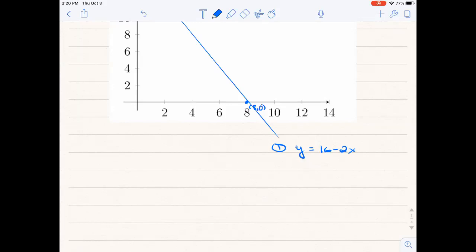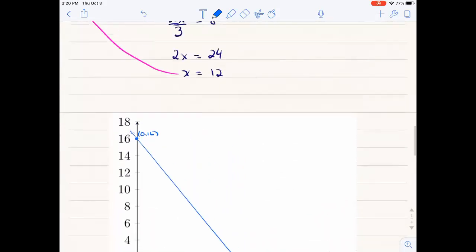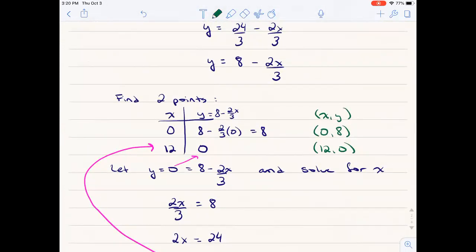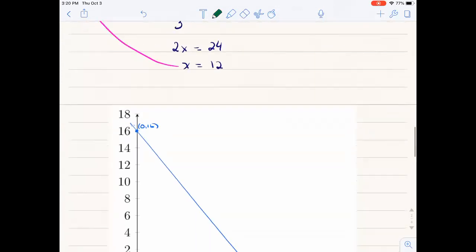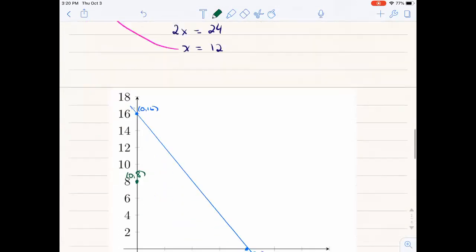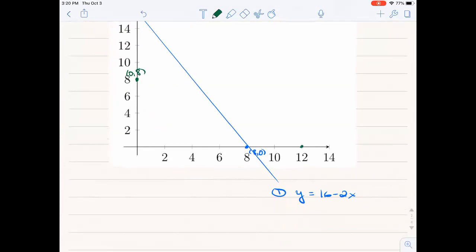Okay. So let's draw that second line, which I had in green. We've got a point at 0, 8, and 12, 0. So again, I'm just going to take a straight edge, connect these lines, and see what I can do here.